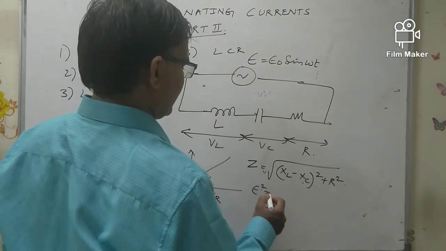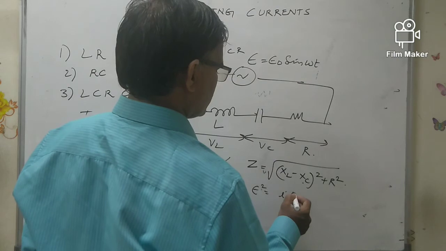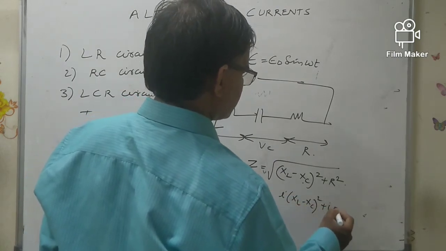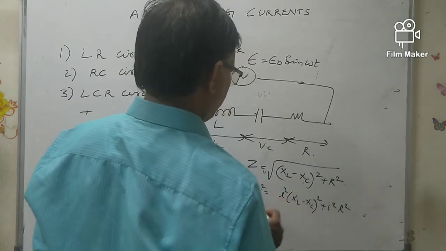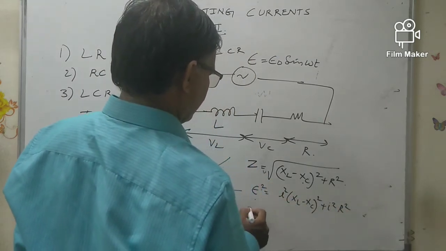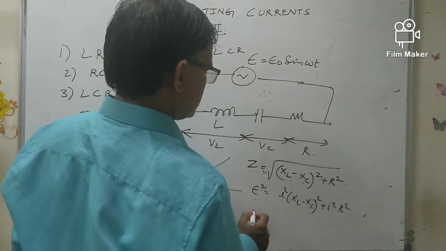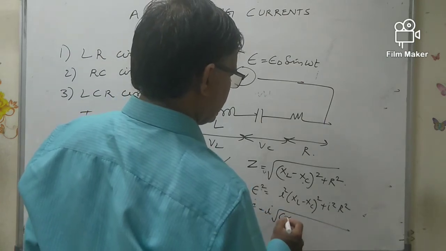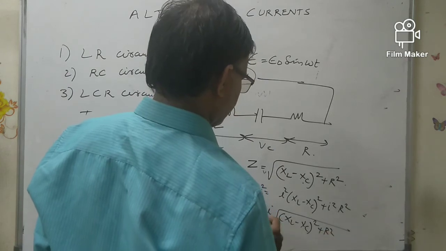And how about E square? E square is equal to I square into XL minus XC whole square plus I square into R square. Taking the square root on both sides, E is equal to I into root over XL minus XC whole square plus R square.